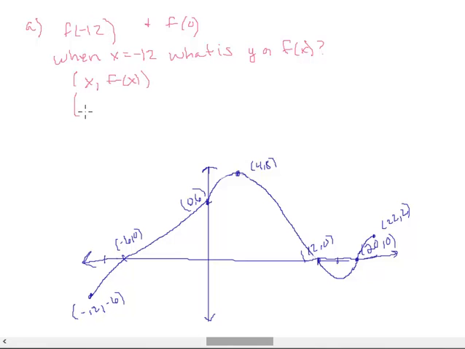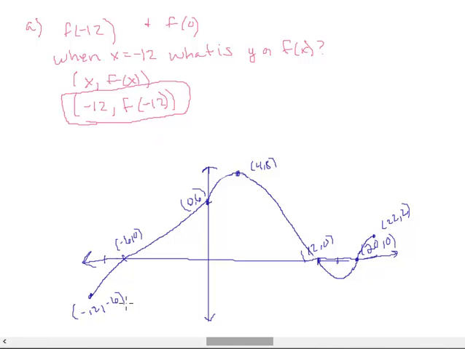So this means negative 12, f of negative 12 is on the graph. So when you're asked what is f of negative 12, that means I want to look for the ordered pair where x is negative 12, and I want to find that y value.